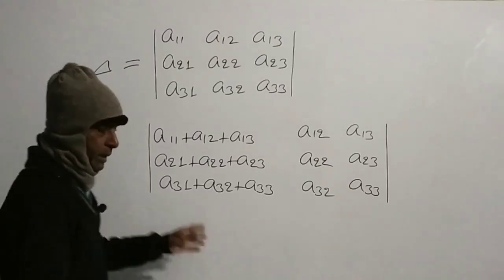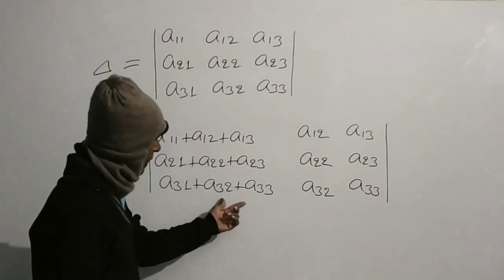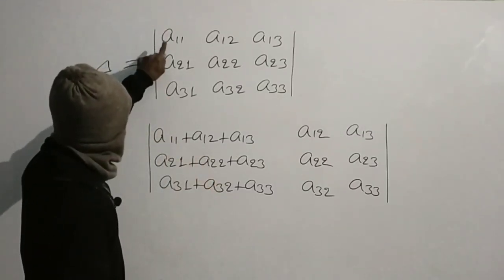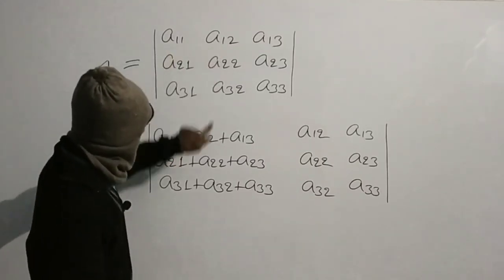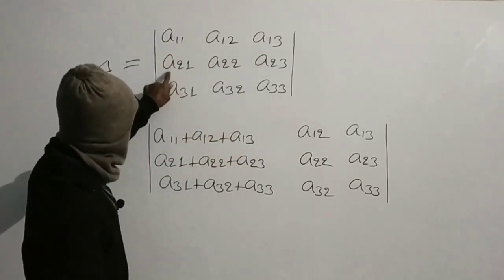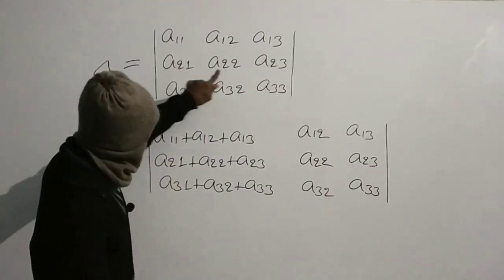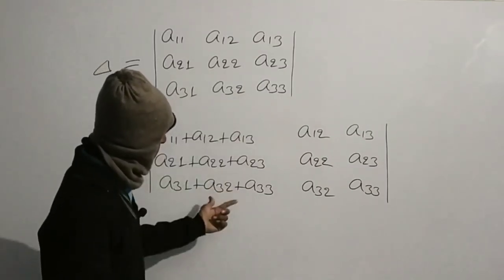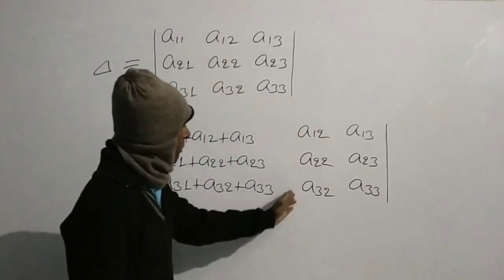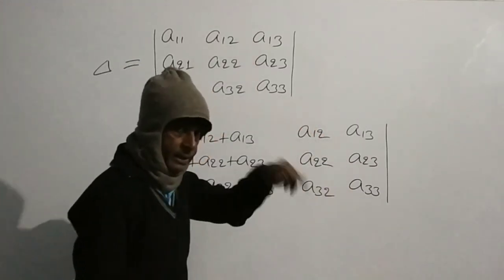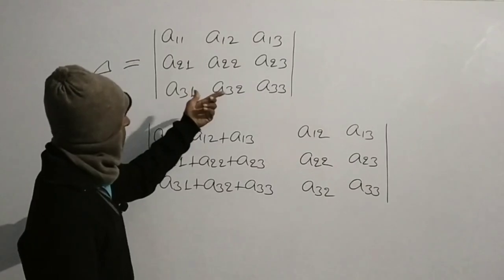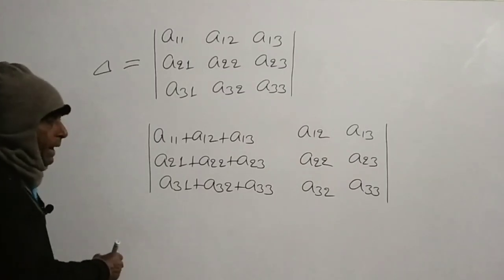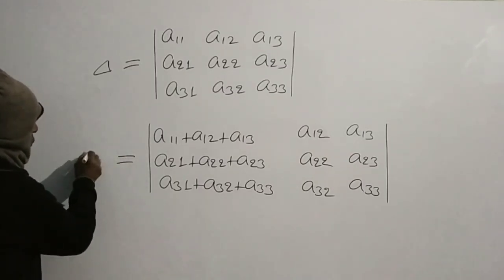Now, if we make another determinant in which we write here a11 plus a12 plus a13, and in place of this we write this plus this plus this, and in place of this we write this plus this plus this, with the second column and third column the same as in this determinant, then the value of this new determinant will also be equal to delta.